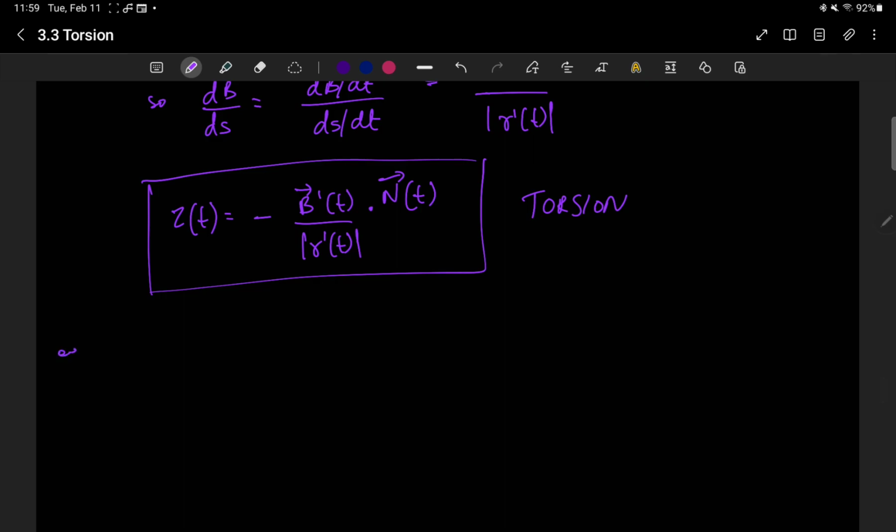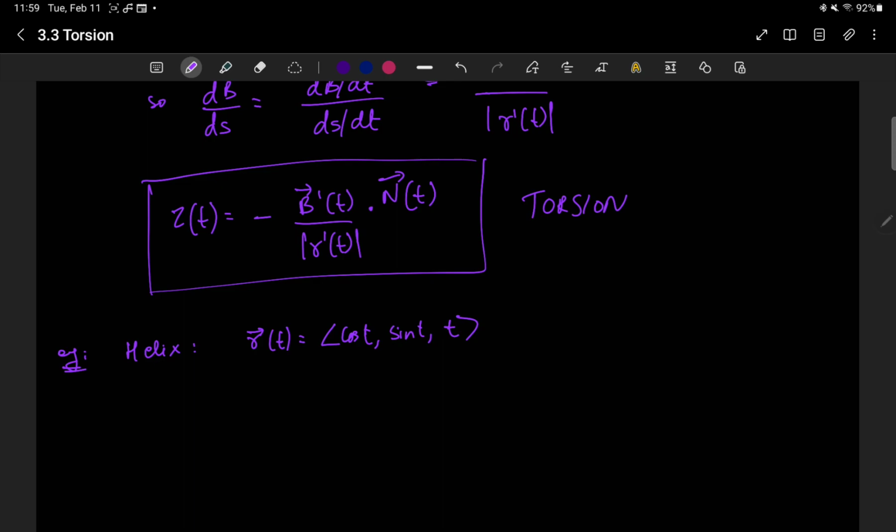Let's look at an example. Once again, since we had the helix, let's find the helix torsion. The helix is given by cosine t, sine t, and t. So you have the recipe here.